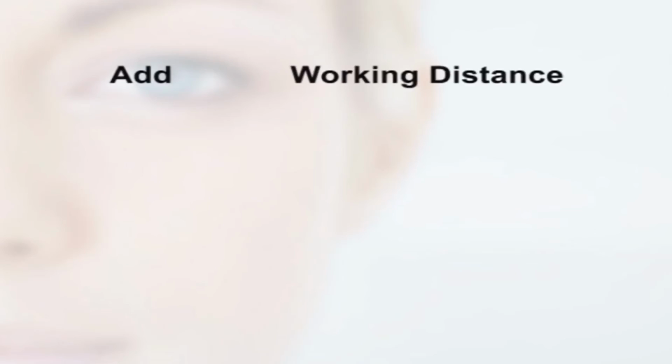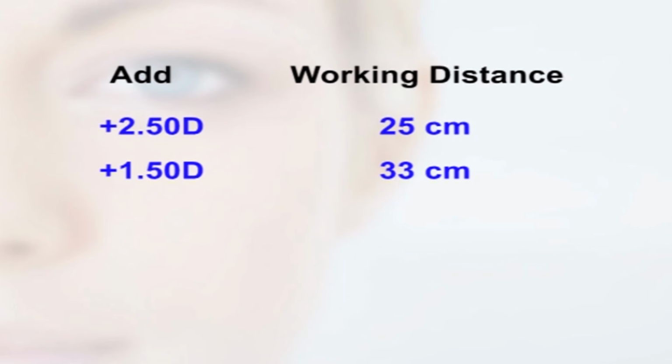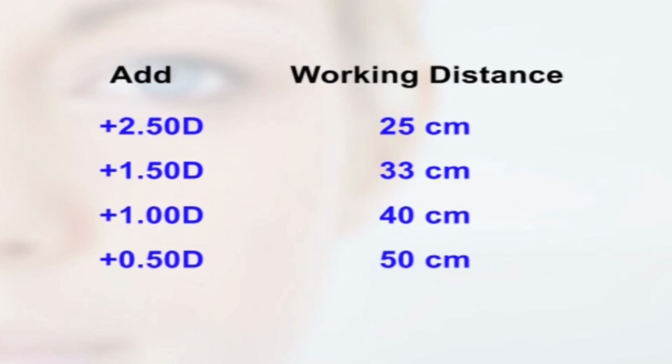In order to leave a comfortable amount of accommodation in reserve, we can prescribe an add of +2.5 for the working distance of 25 centimeters, +1.5 for a working distance of 33 centimeters, +1 for a working distance of 40 centimeters, and +0.5 for a working distance of 50 centimeters.